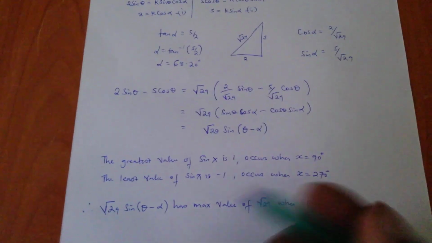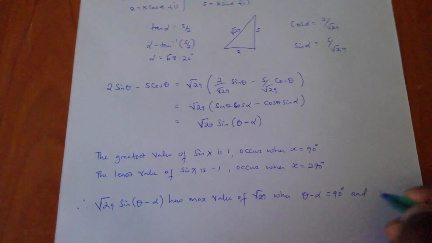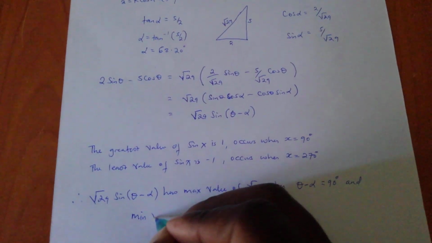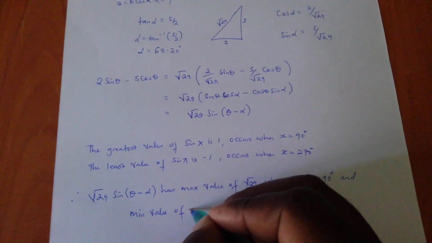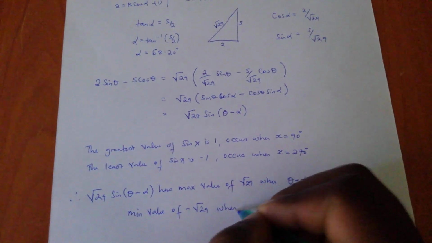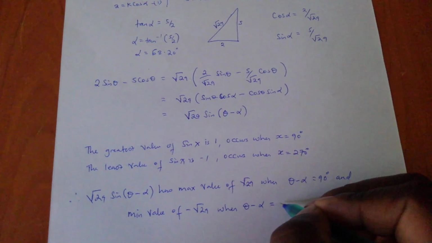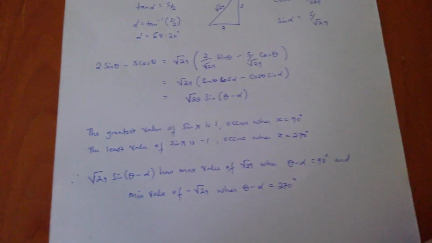And also the minimum value of negative root 29 when theta minus alpha is equal to 270 degrees.